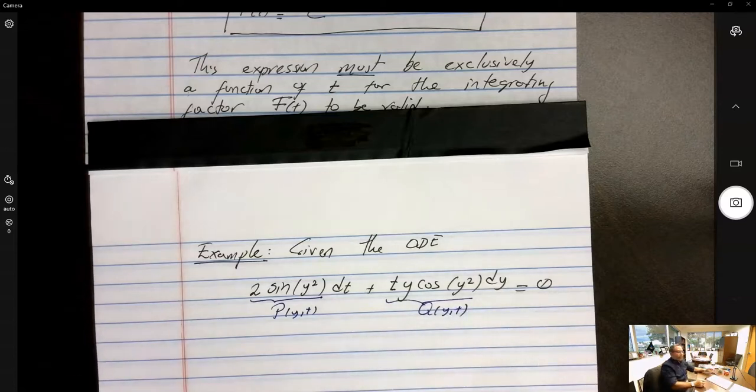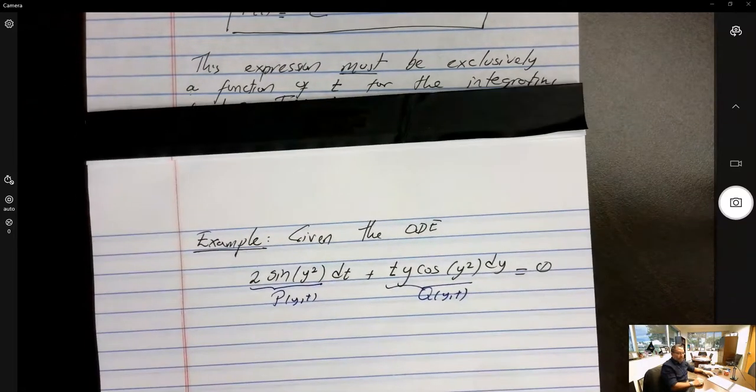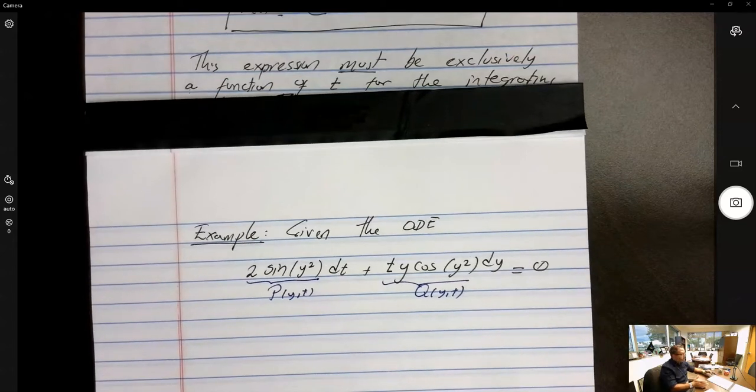All right. So I guess we already determined that this is not separable. There's no way to bring all the y's to one side and all the t's to the other. Okay. Let me see. Or in fact, it appears to be separable. We're going to keep this as an example of a non-separable equation.